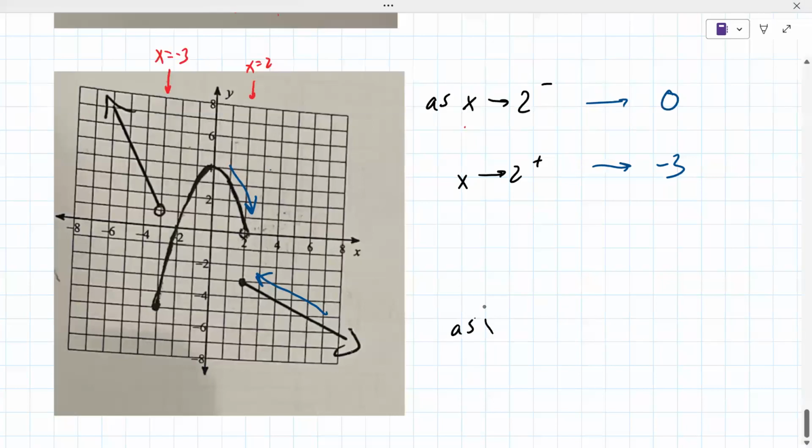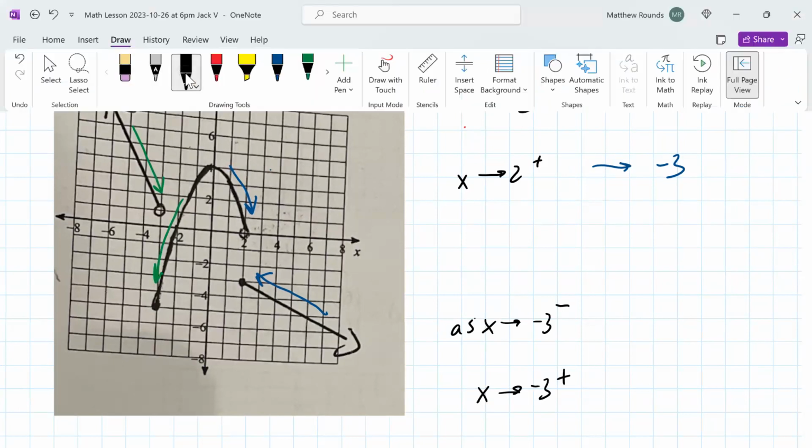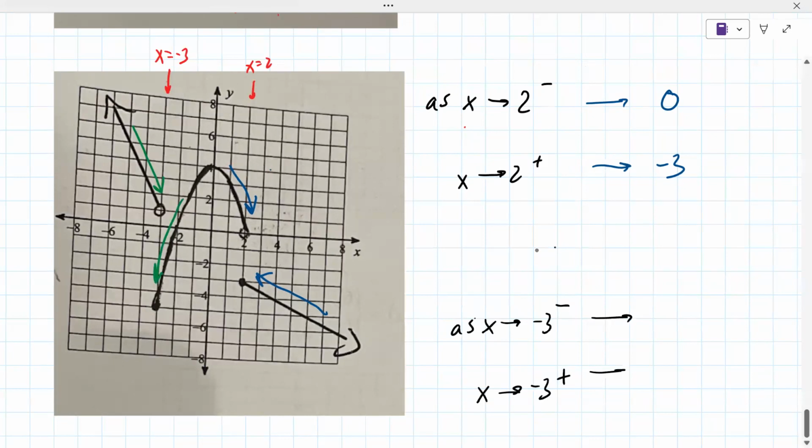Now, as x approaches -3 from the left, x approaches -3 from the right. So from the left, that's that first green arrow. From the right, that's that second green arrow. And always the y value.